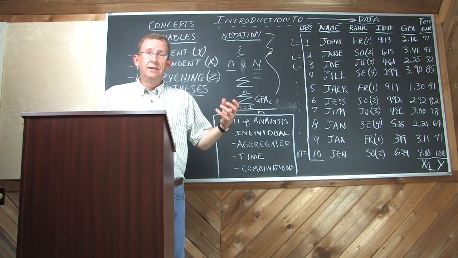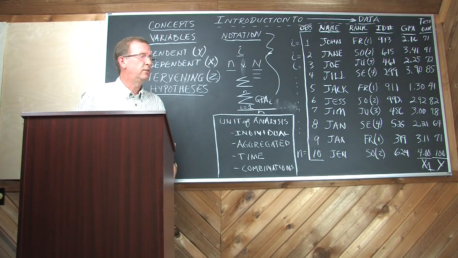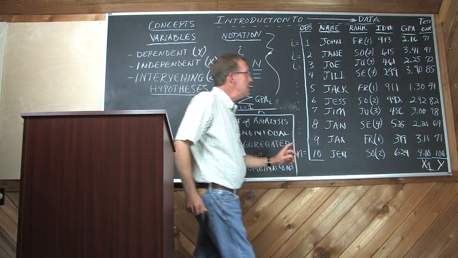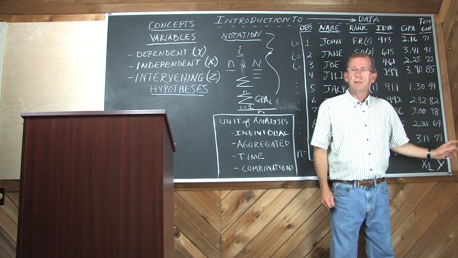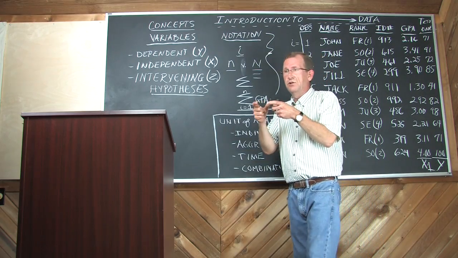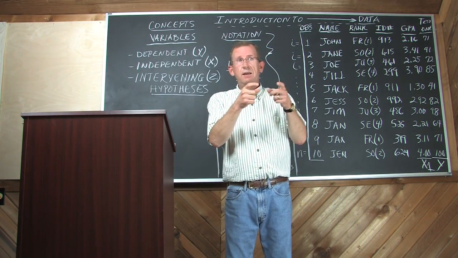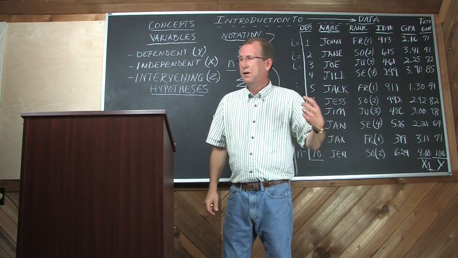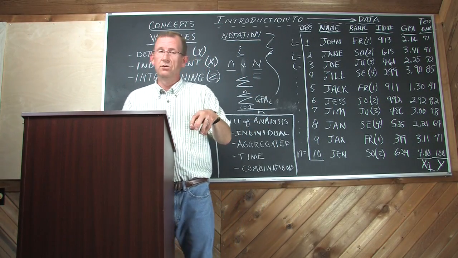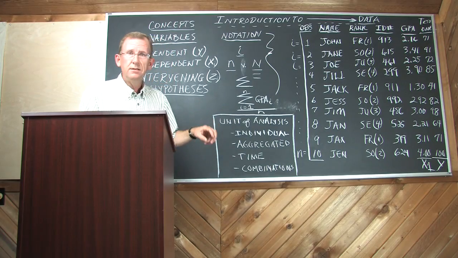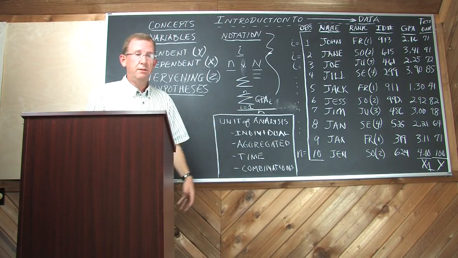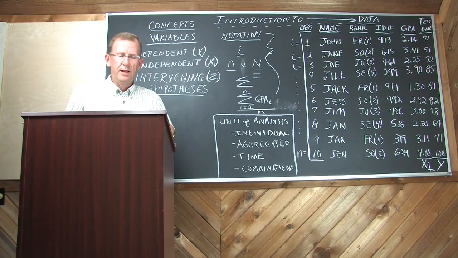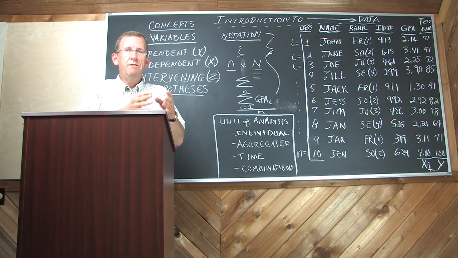That will affect directly the scores on test one, but it might do something else. It might mediate the relationship between GPA and scores on test one. It might, in other words, mediate the relationship between general ability and specific ability as revealed by the test in the research methods course. It might. If it does mediate it, we would call it an intervening variable as well as an independent variable.